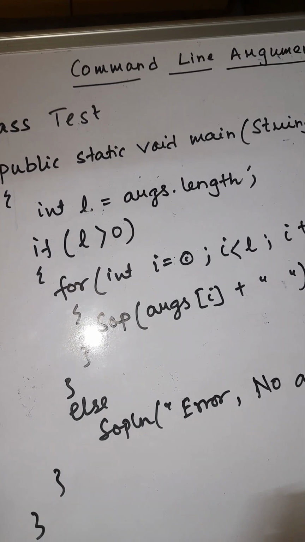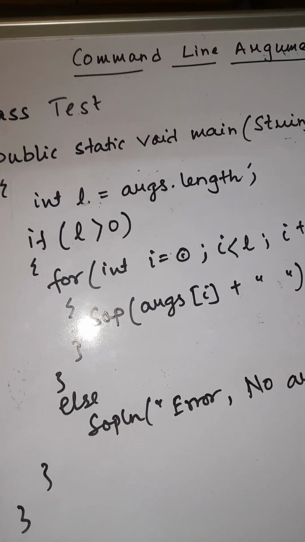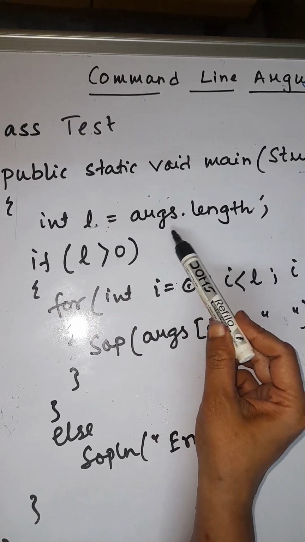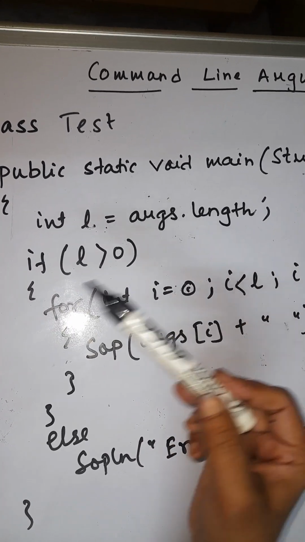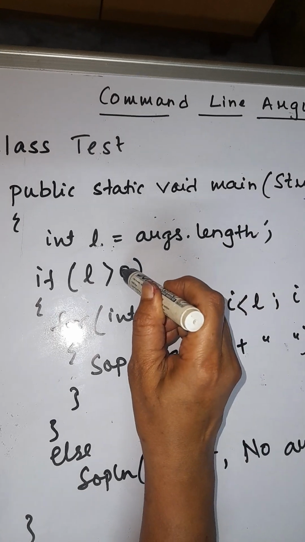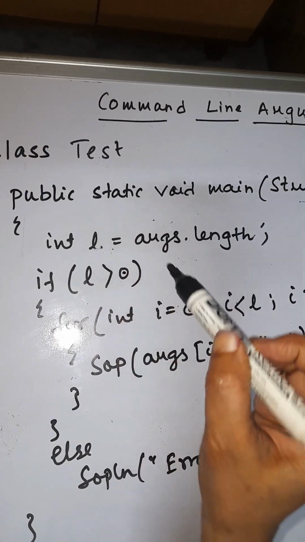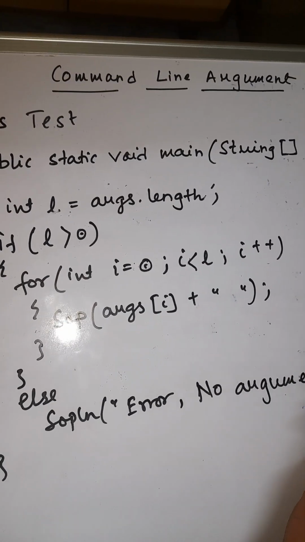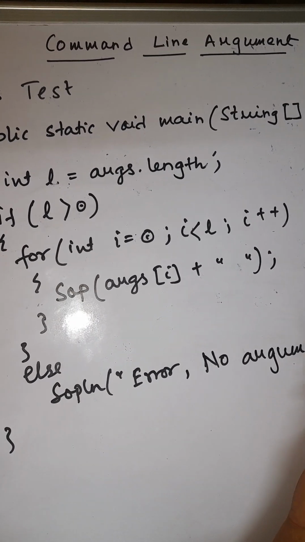I will change my program a little bit. So here you see, L will store the total number of arguments. Better you check first if L is greater than 0. So while L is greater than 0, there should be arguments if you want to do something with the command line arguments.